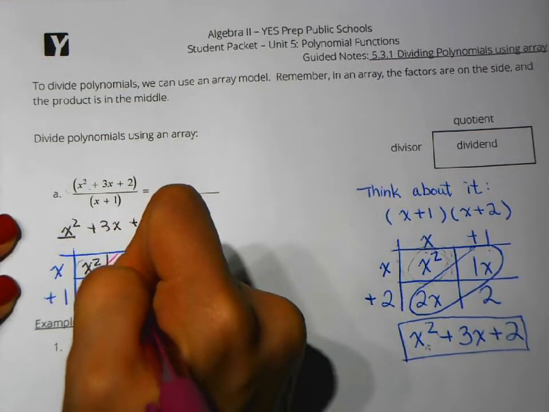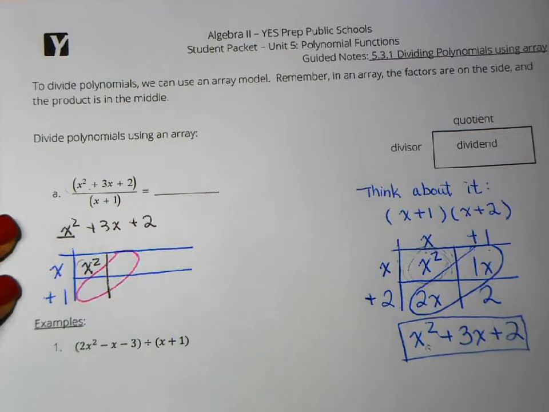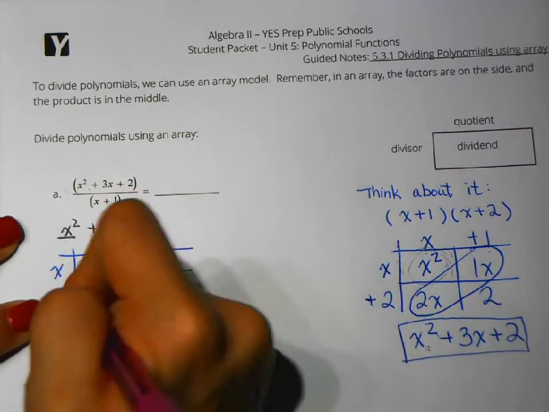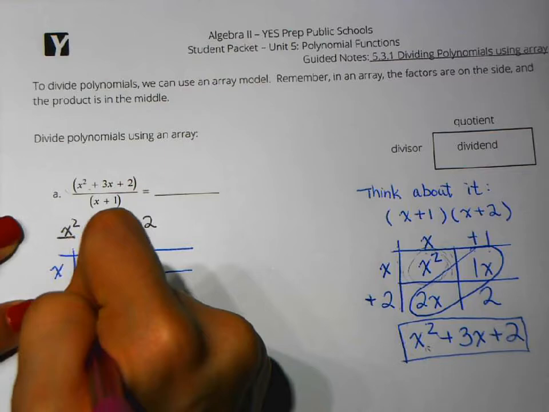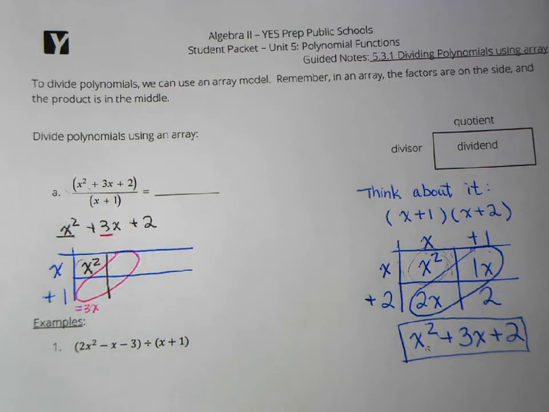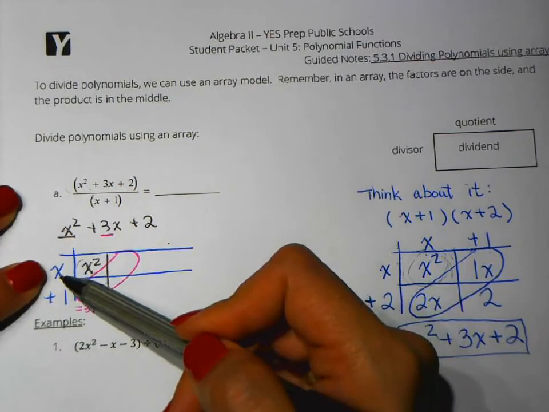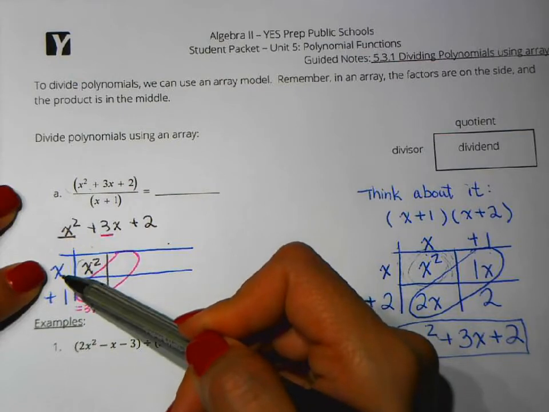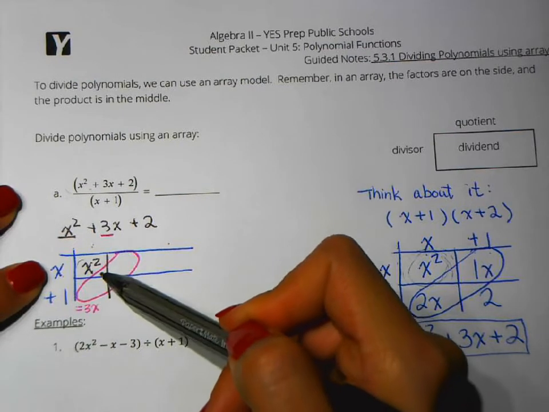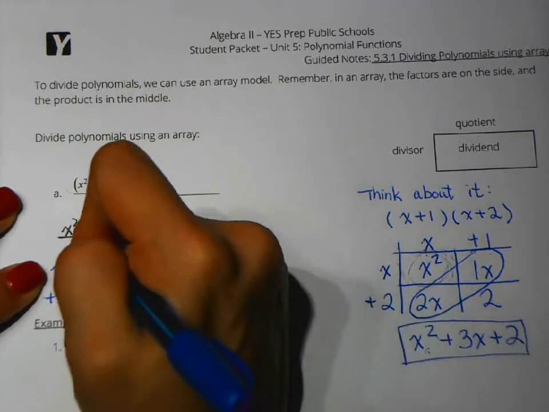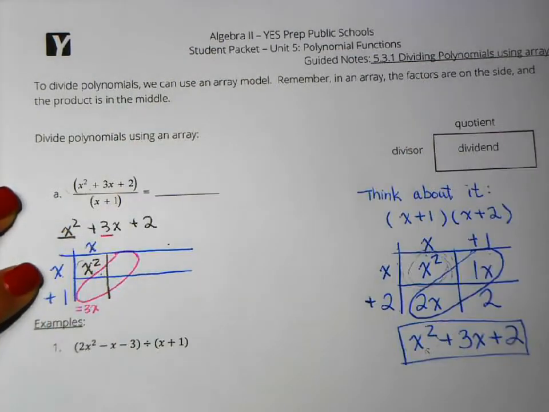I know that this diagonal is going to combine to my middle term, which is plus 3x. So I'm going to write equals plus 3x. Now, how do I get there? I'm trying to find the other factor, meaning I need to figure out x times what equals x squared. In this case, x times x equals x squared.